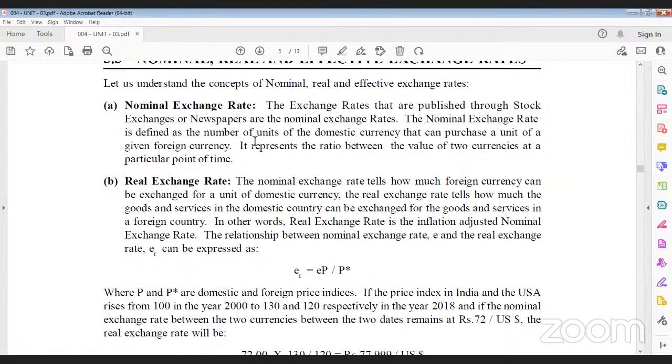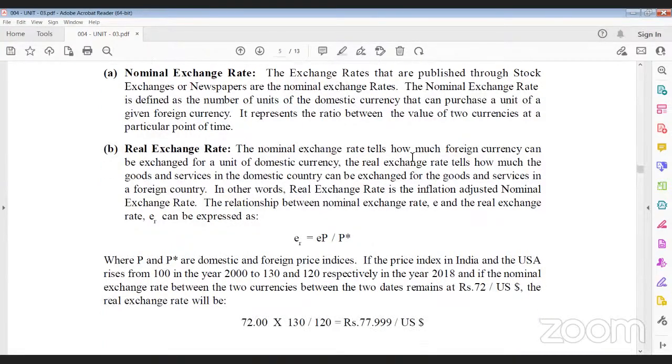These are published by the stock exchanges, and these are referred to as nominal exchange rates. These are defined as the number of units of the domestic currency that can be purchased as against a unit of a given foreign currency. Basically, this is a ratio between the two currencies at a particular point of time.